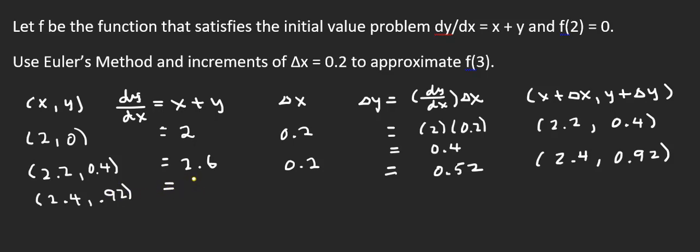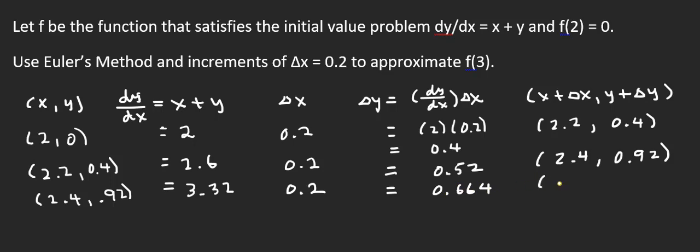And then our dy over dx is going to be 3.32. And delta x stays the same. And then our new delta y is going to be 0.664. And what is our new point?